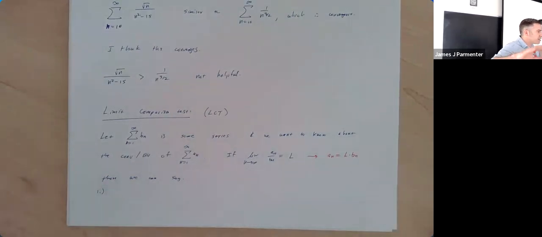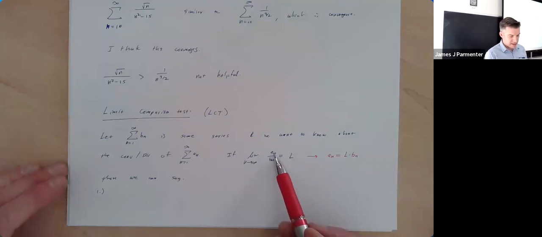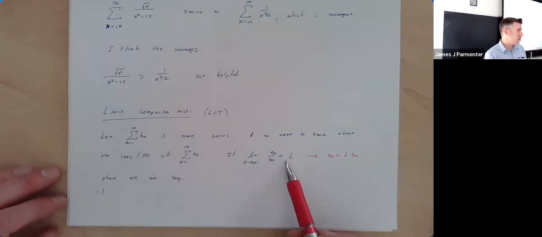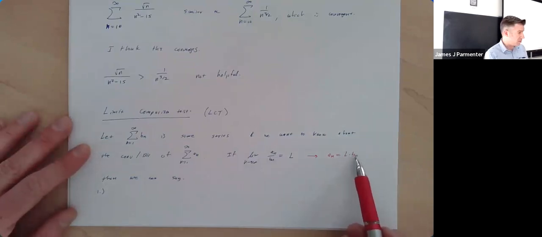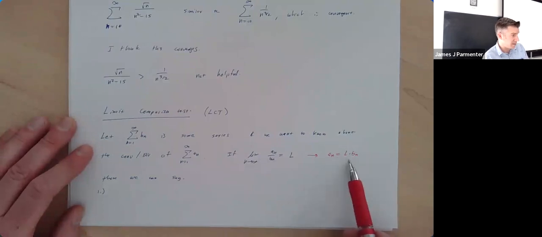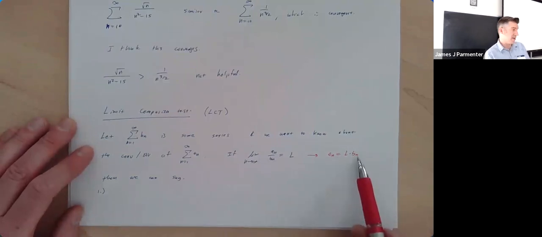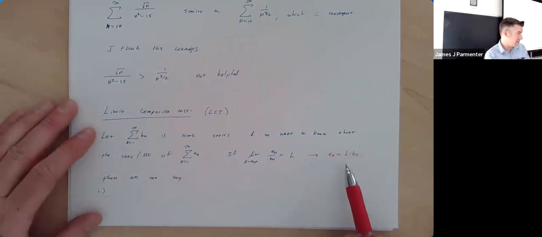Essentially, right? Again, it's a little hand wavy, but that's really kind of the idea. You're saying eventually, as you go on and on and on, a_n is L times b_n, close. So if the b_n terms add to something that's convergent, so do the a_n terms, because they're just L times that. And if the b_n terms add to something that's divergent, infinity, so do the a_n terms, because they're just L times that.